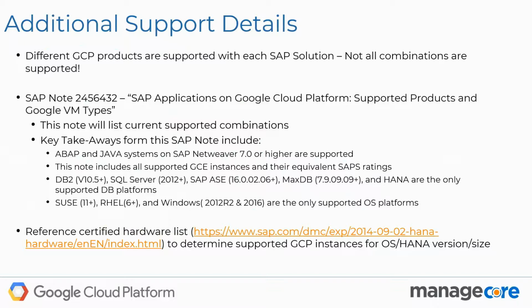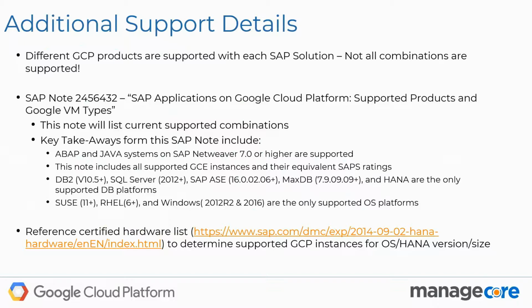This note will tell you exactly what combinations of OS, database, and SAP platform are supported in GCP and how you can go about deploying them. Please look at this note frequently as it changes, but this would be the note that you go to start determining how to deploy SAP in GCP.